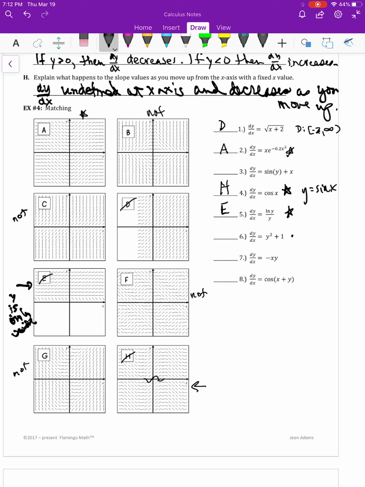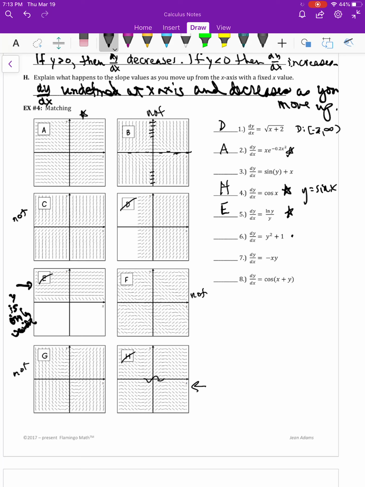So now, this one B, it looks like it's undefined here where y is 0. Is there one that would be like that for letter B? Or maybe those are just zeros. Maybe that's just little slopes of 0 here. That could just be little slopes of 0, but look, there's slopes of 0 here too.